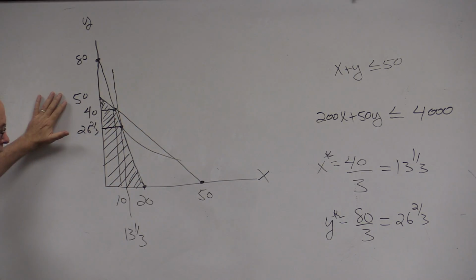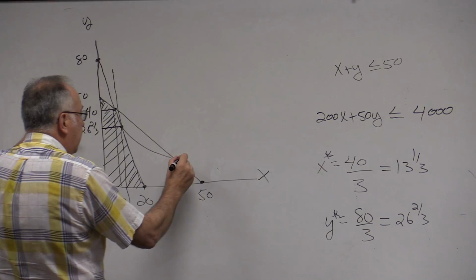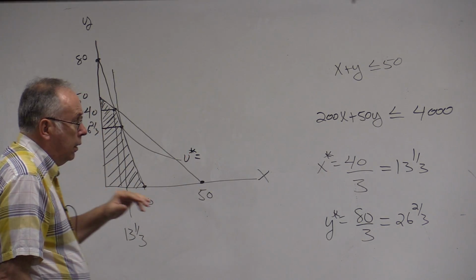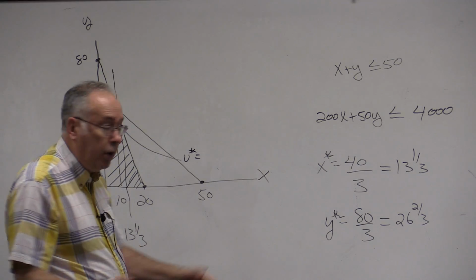If you substitute those values in, you get the optimal utility. Utility is just x squared y.